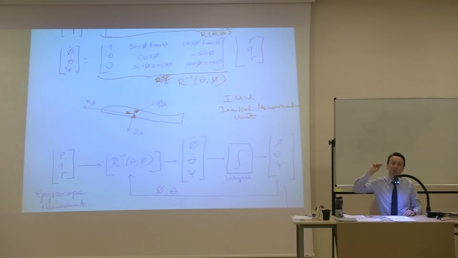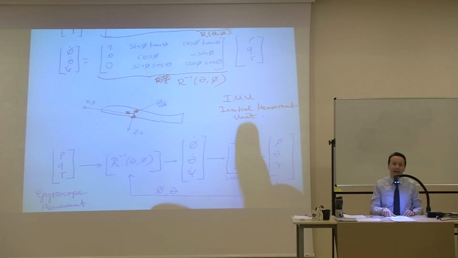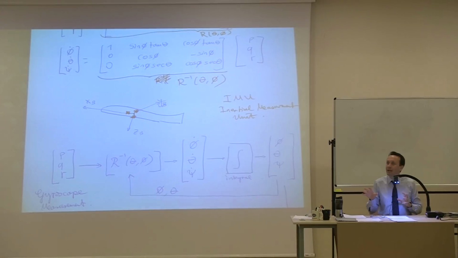So I need to initialize my gyroscopes, initialize my IMU. You hear this a lot: initialize my IMU, initialize my gyro. That's what it means. You need to initialize it because in the first iteration you don't know where you are. So first, you need to initialize my rate gyros.